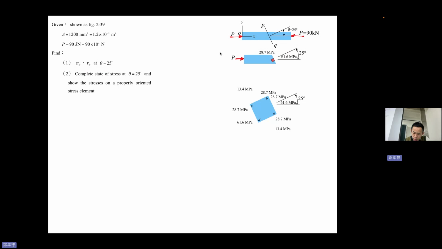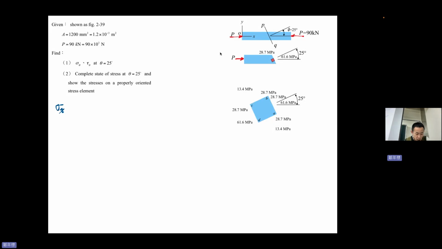We want to write down sigma x. Sigma x equal to P divided by A. Sigma x is important, right? Because the equation always starts from sigma x.